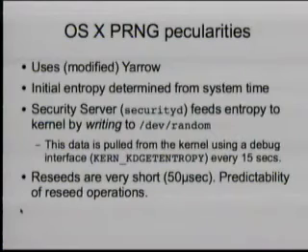What this means is, usually in other operating systems, you have the kernel collecting entropy throughout the course of the day from various sources, like from interrupt activity, from like the number of pages you swap in and swap out. Oftentimes you actually have a hardware number generator.